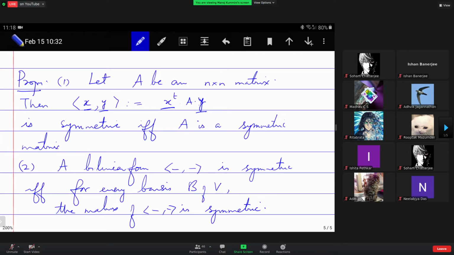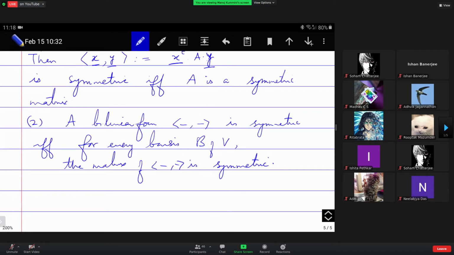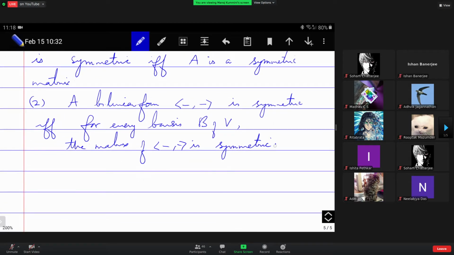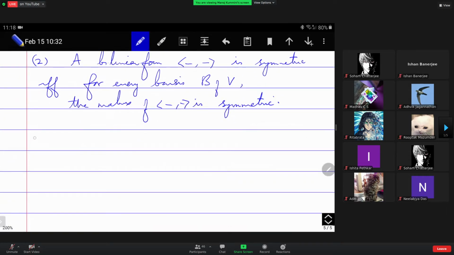The proposition asserts that this happens if and only if the matrix is symmetric. The second says an arbitrary bilinear form is symmetric if and only if its matrix with respect to some basis is symmetric. What I wrote is every basis, but we will see in the proof that it is for some basis. If you can prove it for some basis, it will be true. Proof.